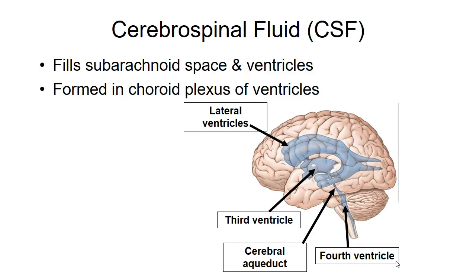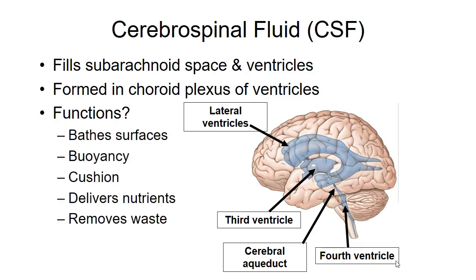So one of the things it helps do is take waste away, right? So here it's helping remove waste. The other thing is that the brain actually floats in the cerebral spinal fluid. So it helps with buoyancy.